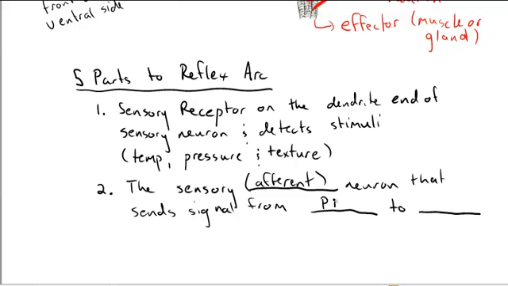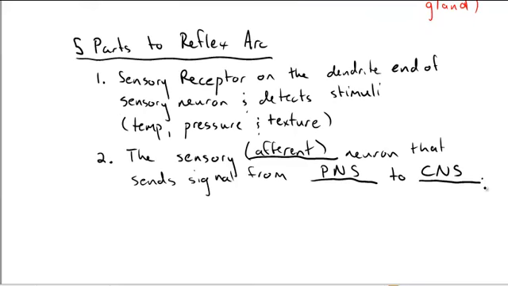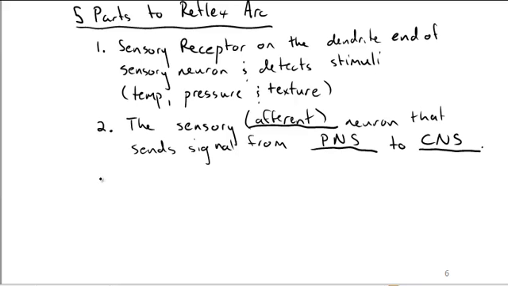Okay, from your peripheral nervous system to the, it's correct, central nervous system. Then in the middle, you have the interneuron. Located in spinal cord.